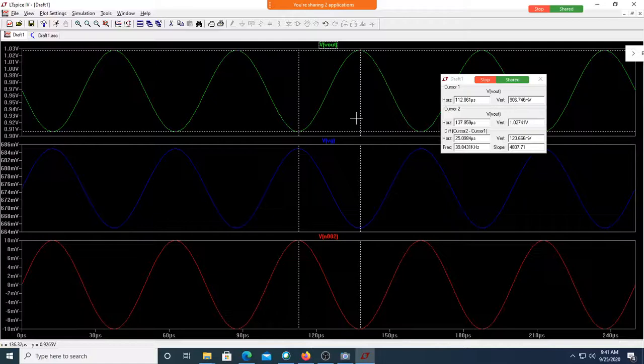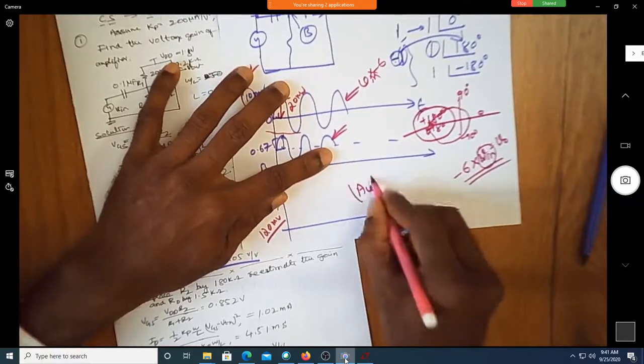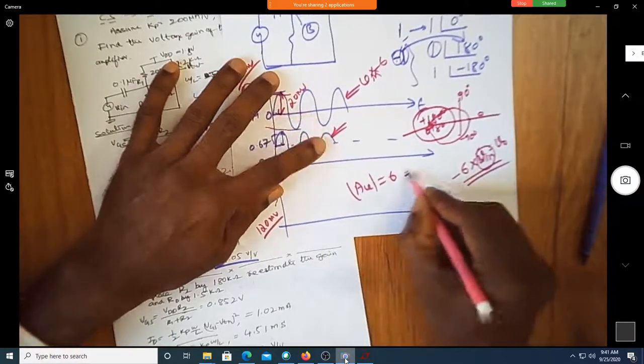It increases 6 times. The amplitude increases 6 times, sir. No. How do you say here? The peak to peak difference is positive. My question is, how do you say the gain magnitude is 6? How are you proving that?